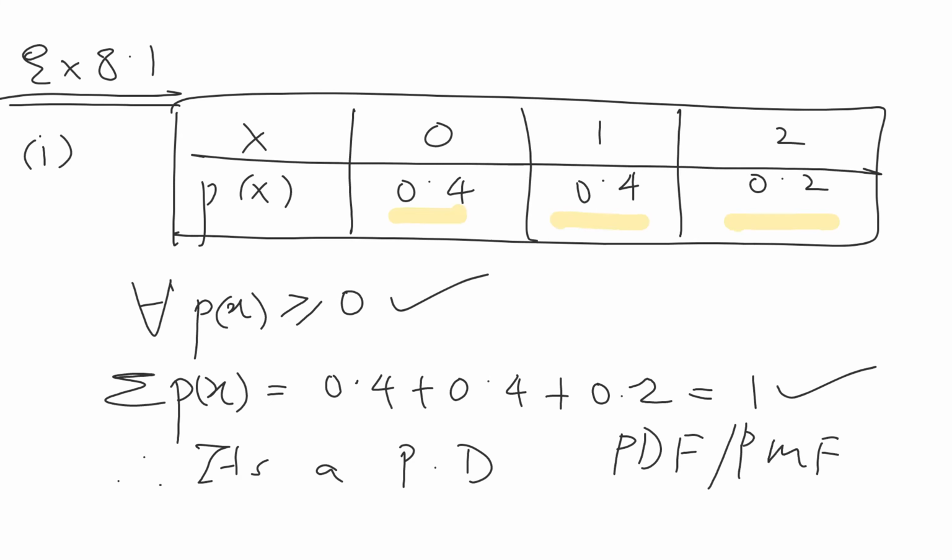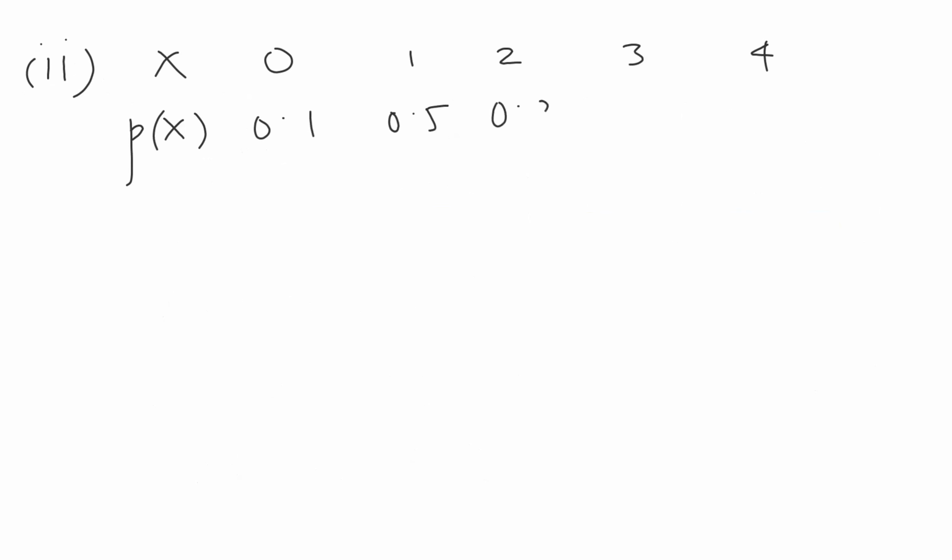Second sub question. I'll write down the problems for you. The table, I'll just copy it for you: 0.1, 0.5, 0.2, minus 0.1 and 0.3. Now try and observe over here. One probability is negative, right?